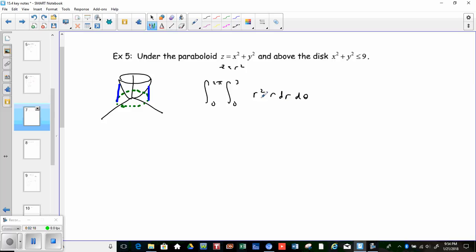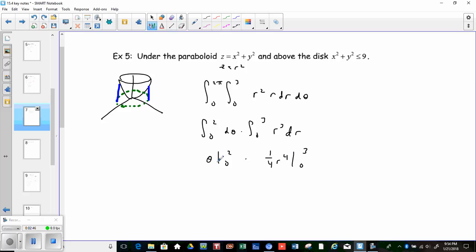This one actually should be very quick because this is really just r cubed dr. The d theta can be separated out. So 0 to 2 pi of d theta times 0 to 3 of r cubed dr. So this is just going to be theta from 0 to 2 pi. This is going to be 1/4 r to the 4th from 0 to 3.